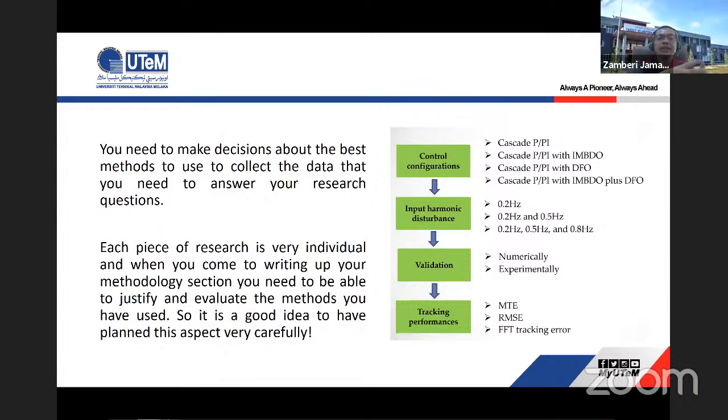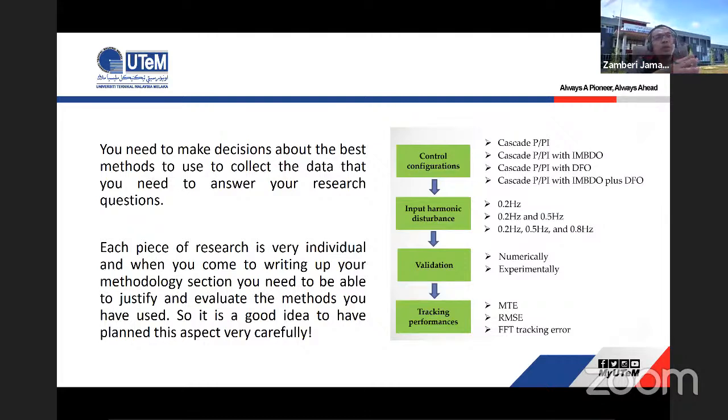How are we validating this? Are we validating it numerically or experimentally? If numerically, what software are we using? And if experimentally, what kind of experimental setup are we preparing? How are these data collected and how are they being analyzed?